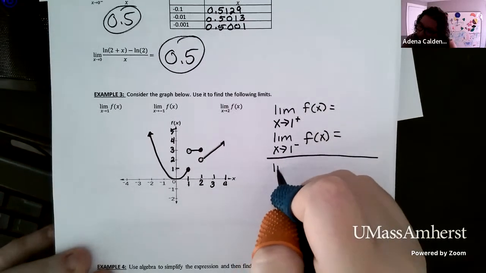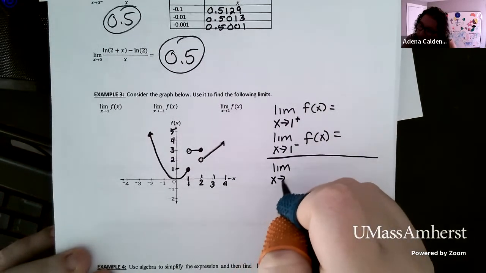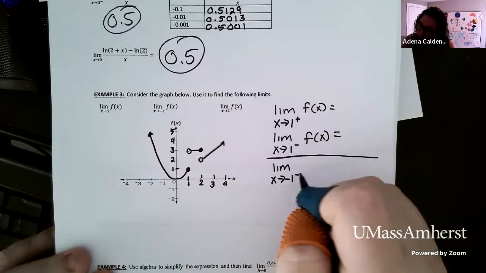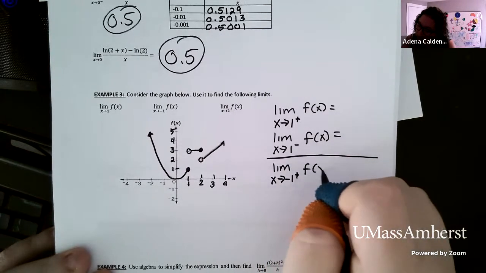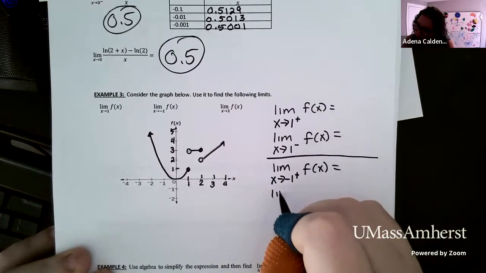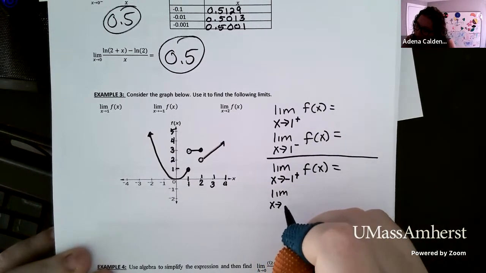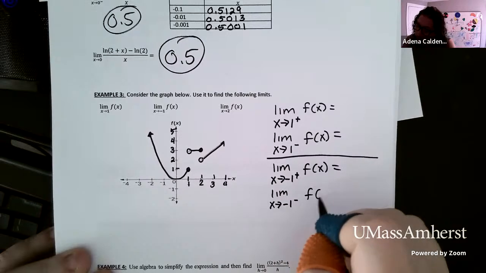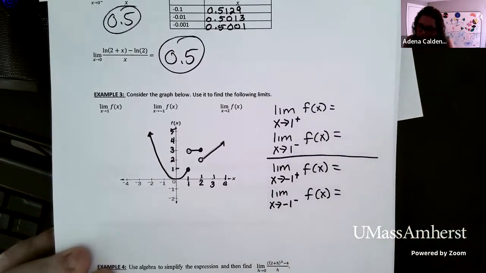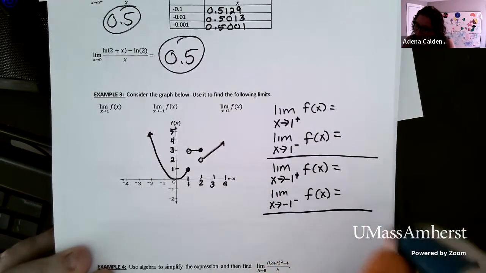Then we're going to do the same thing for -1. So the limit as x approaches -1, we'll do the right first, and then the left. Okay, the order doesn't matter if you do left or right first in your own work. Just trying to be consistent.